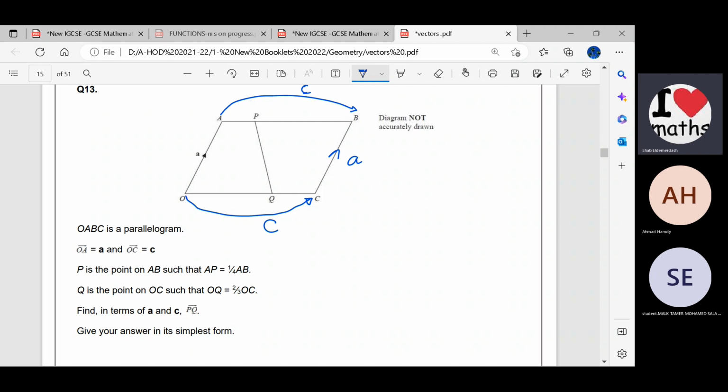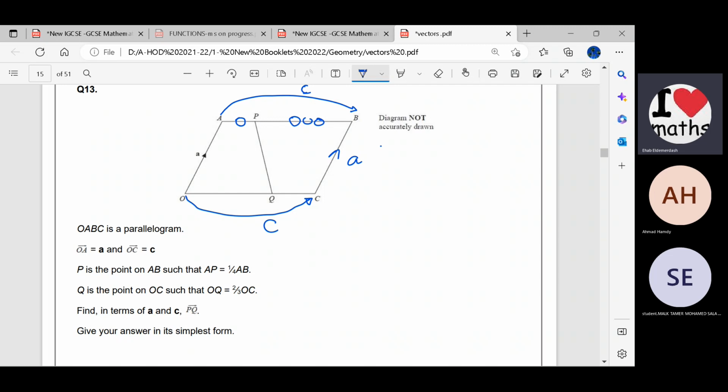If I give you a ratio, you should turn it into parts straight away. AP is one part out of 4 parts of the whole AB. If this is 1 and AB is 4 parts in total, how many parts is the remainder? 3 parts.